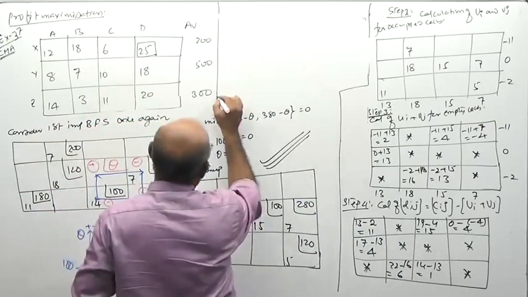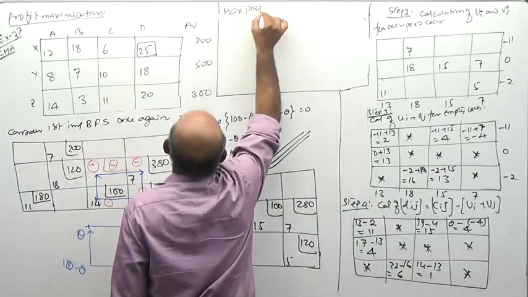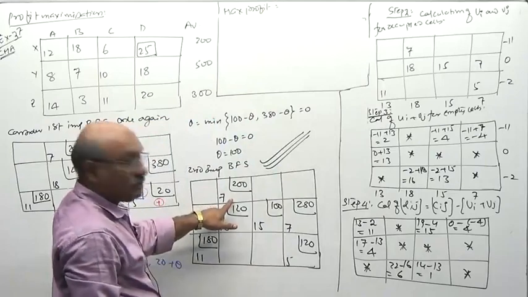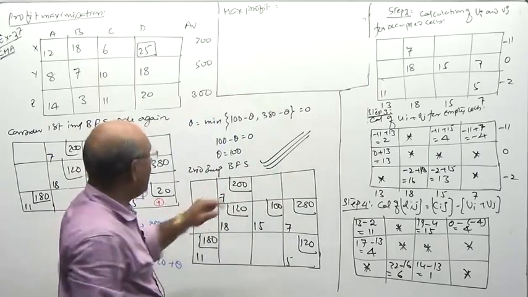So, maximum profit is equal to: first row, second column is an occupied cell here, 200 units.